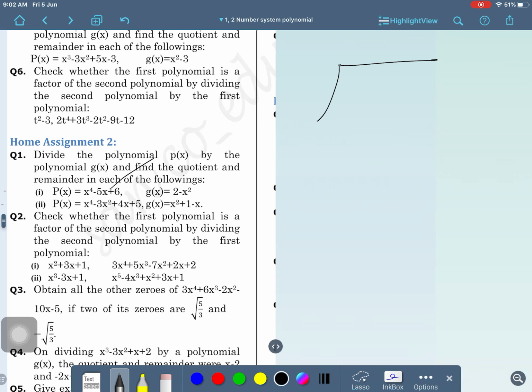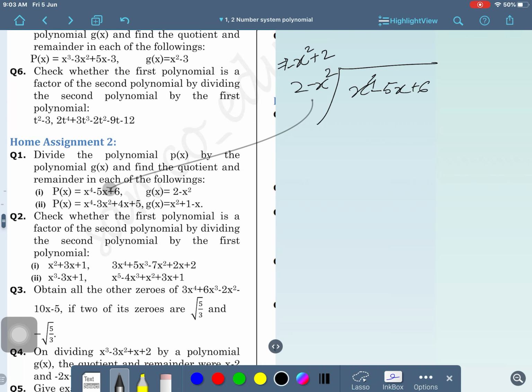This question I am talking about. x to the power 4 minus 5 x plus 6, and this is to divide it by 2 minus x square. Clear? Now minus x is there also. Right now the process of, I also told you this 2 minus x square written, this also can you write here as x square first here and later x square minus 2 right now.